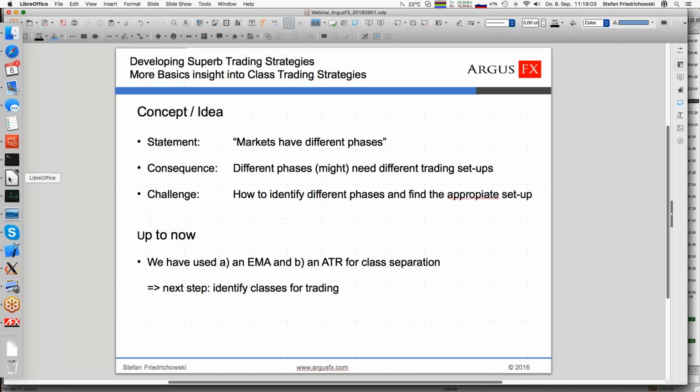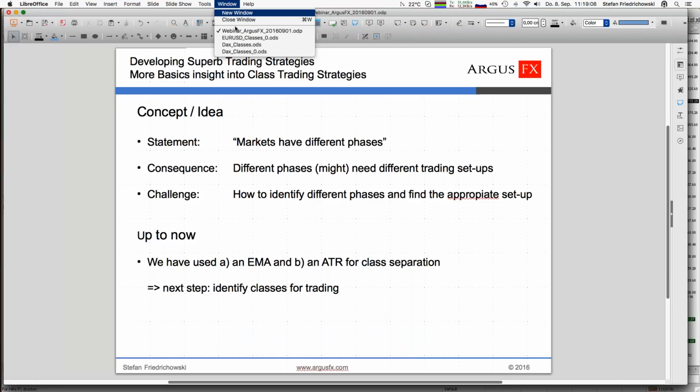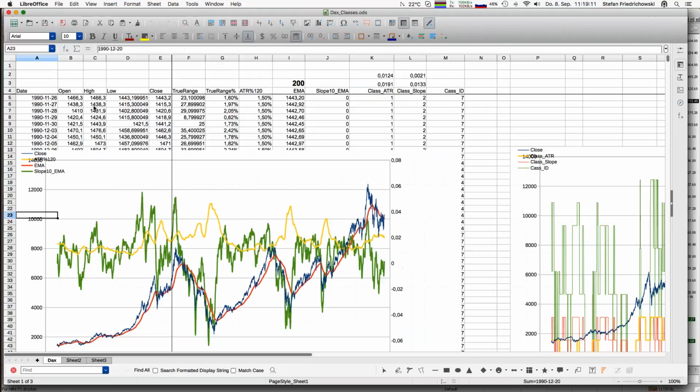Let me summarize that as well. So this started with the prices for DAX for the last 25 years, and we have calculated the ATR, in this case ATR 120, and we have an EMA value, and we calculated the different slopes for the EMA.